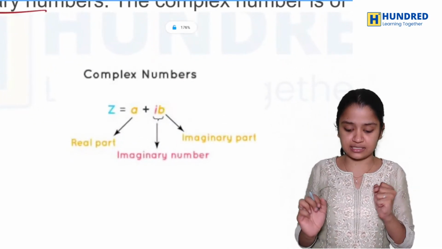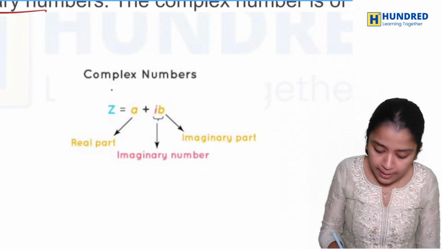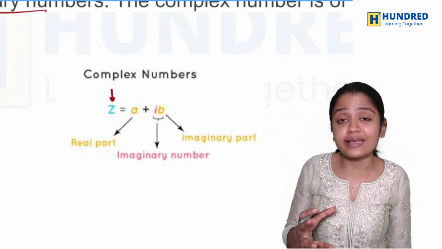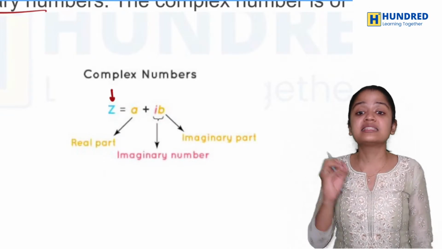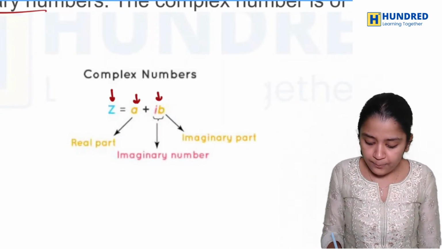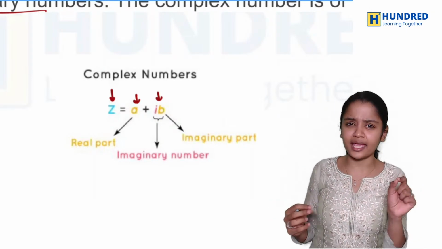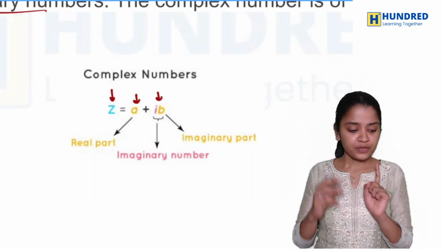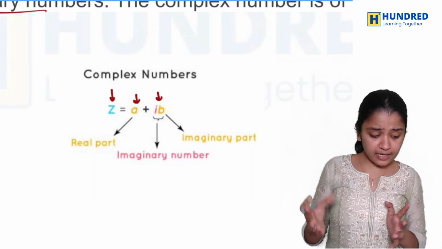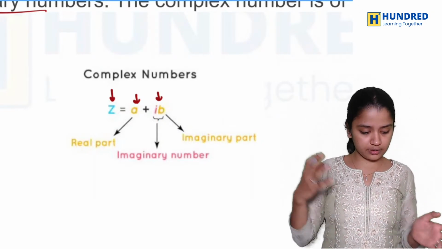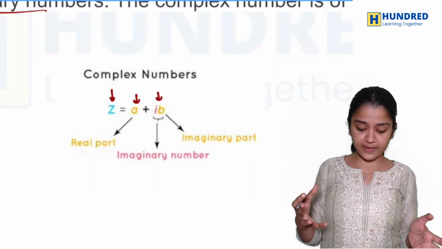Can you see this? Here you represent a complex number as Z. Z is equal to a plus ib. a is nothing but a real number. You know what i is? i is an imaginary number. So what is ib basically?